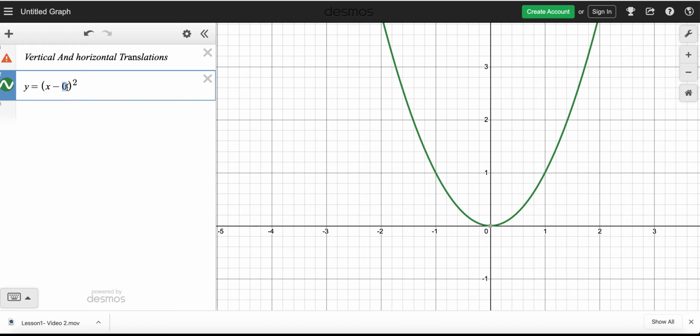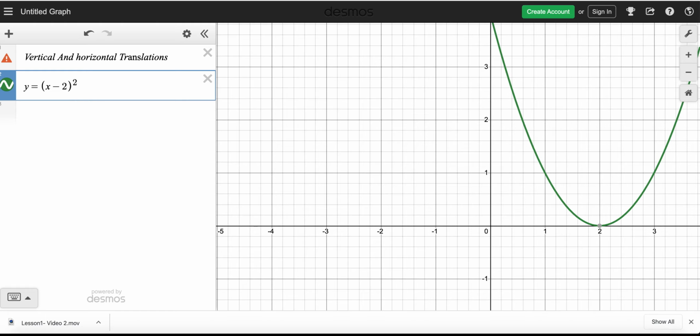So if I want to move it right, let's say I want to move it 2 units to the right, just type in 2 here, and you see it technically moved to the right. So by creating a factor, writing the equation in factored form. Remember, minus is from the equation itself, the minus sign, and this is the new x-intercept.